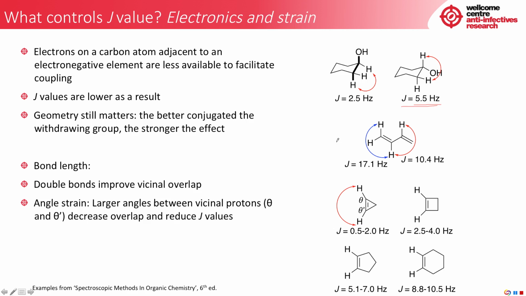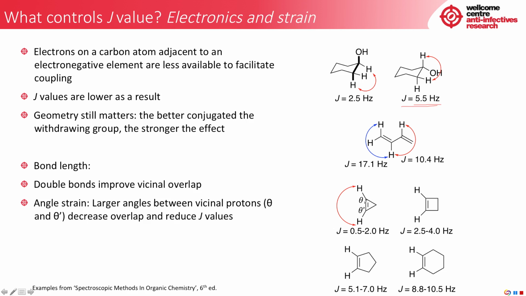Angle strain could be considered a kind of special case of the geometry story, but this is illustrated quite well by this series of cycloalkanes. You can see for the smaller rings, the more strained configurations, the protons are kept apart in almost a V shape, and you can imagine there's very little opportunity for the bonds to really overlap in this arrangement.